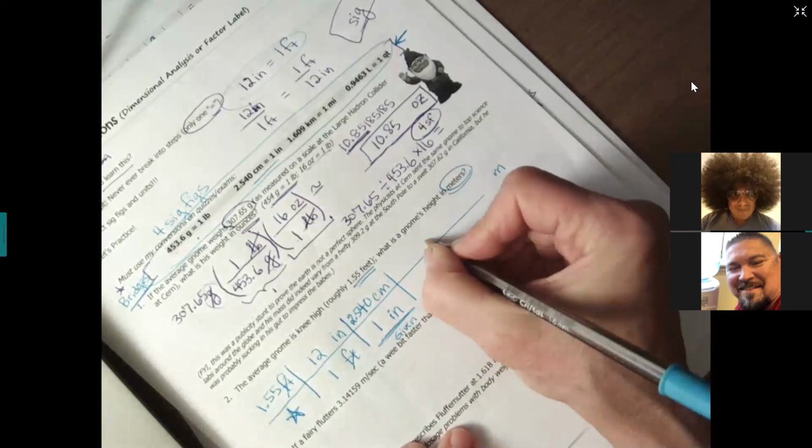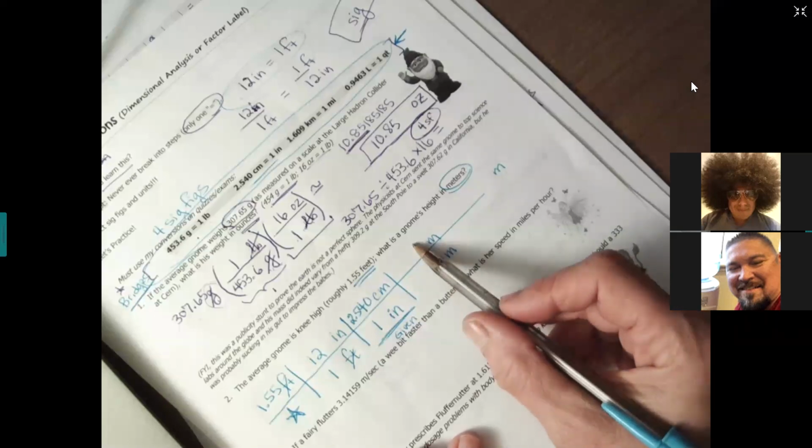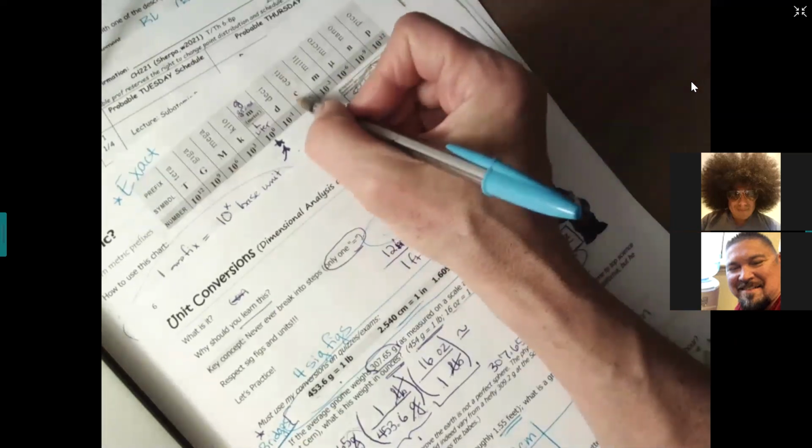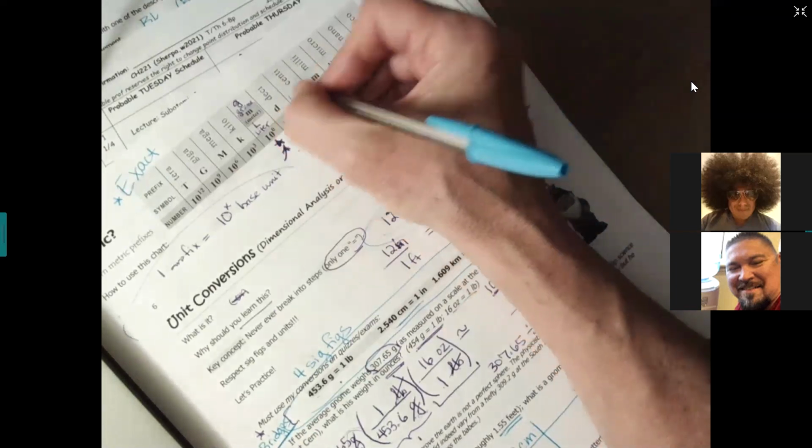All right, I can change centimeters to meters because that is metric. You can do 100 centimeters to a meter, or if we're going to use the chart from the previous page, centi is 10 to the negative 2. So this is saying that these are always something that can help.